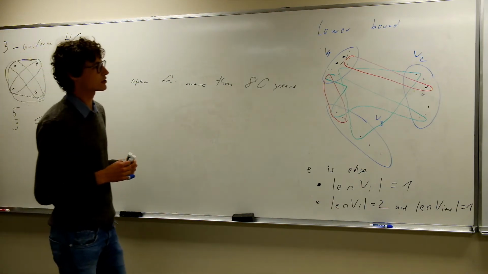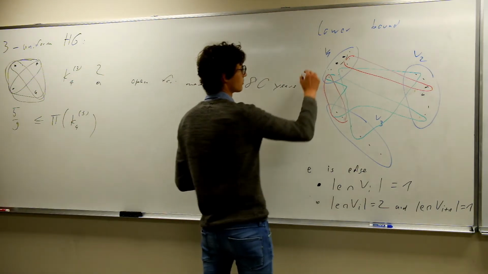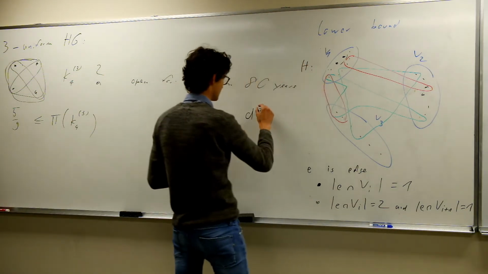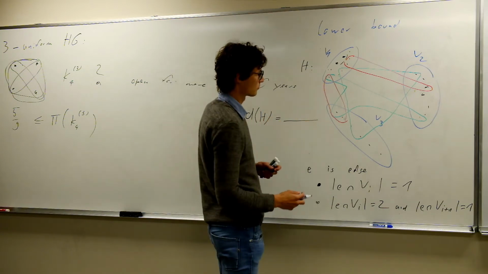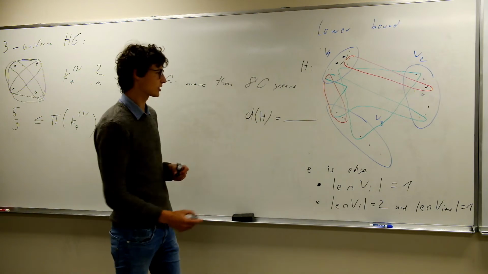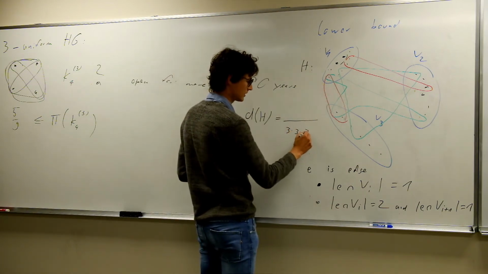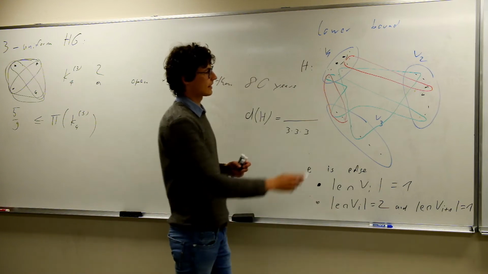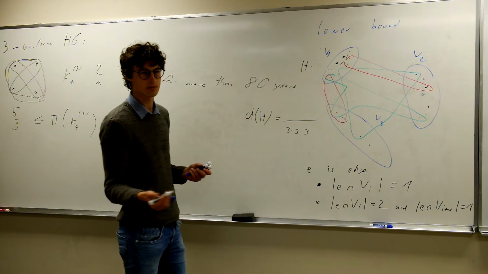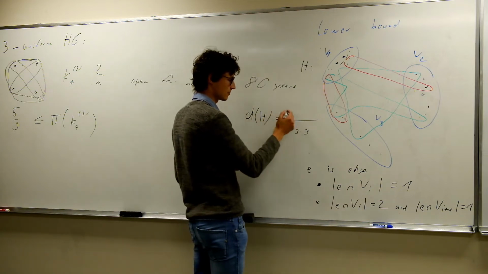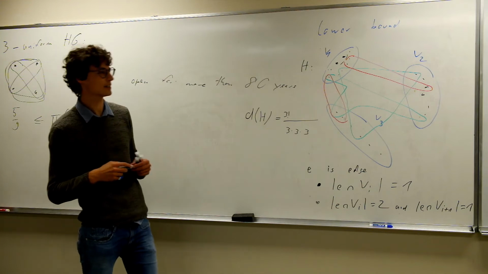So what's the edge density in this graph? Call it H. We choose basically 3 vertices for each edge, meaning for each vertex I have 3 possibilities. Then I have the green edges containing 1 from each. There are 6, or 3 factorial, possibilities.